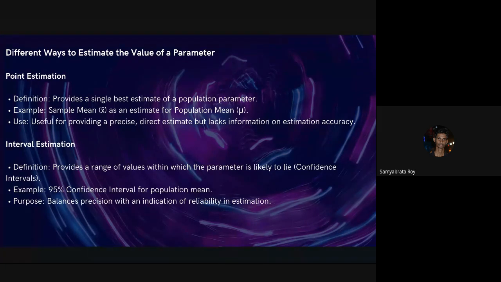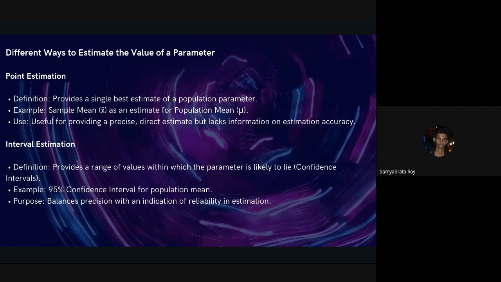So let us take a little more insight into point estimation. Okay, so what is point estimation? In this method, we are finding the best possible single value for the population parameter based on these statistics.